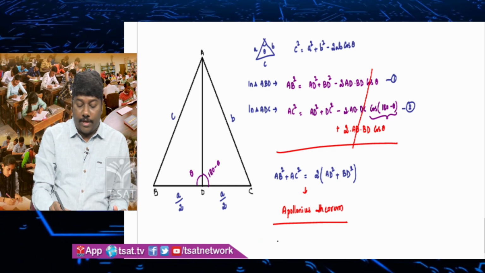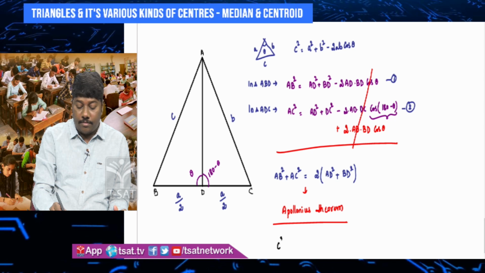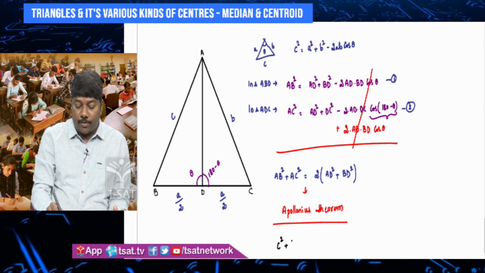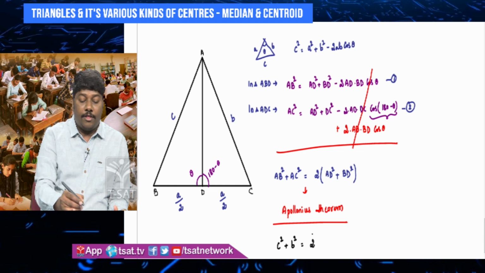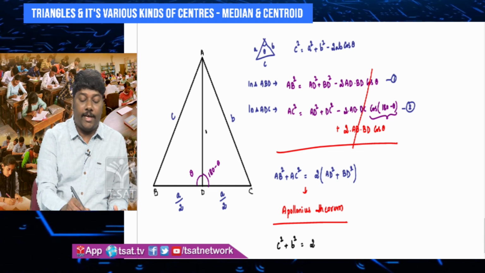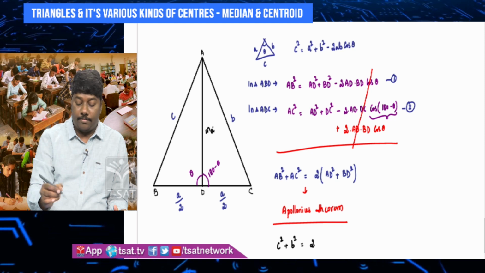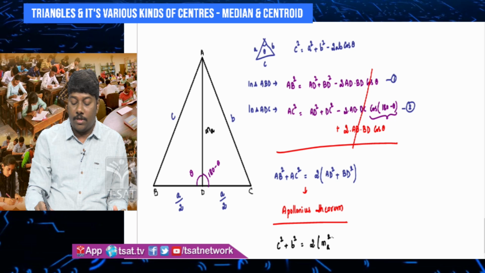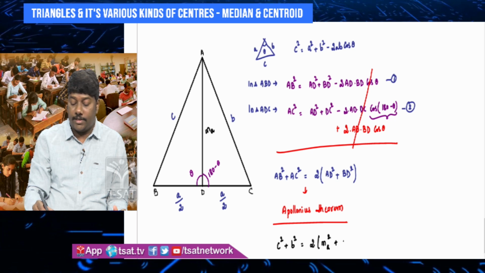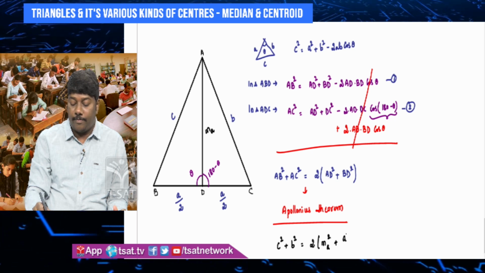This AB square is nothing but c square, AC square is b square, is equal to 2 times of the median which bisects the side a, we take it as ma, 2 times of ma square plus half of the third side square, which is a square by 4.